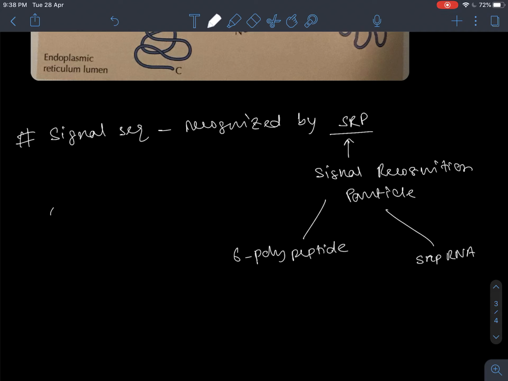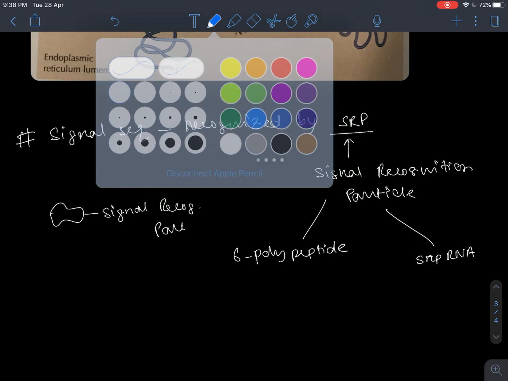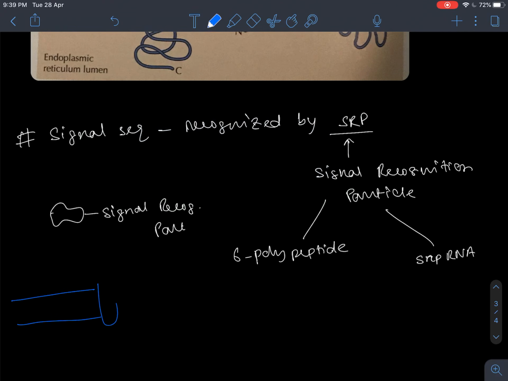Okay, so let's say this is the signal recognition particle, and on the endoplasmic reticulum membrane we have another thing that is called the SRP receptor.